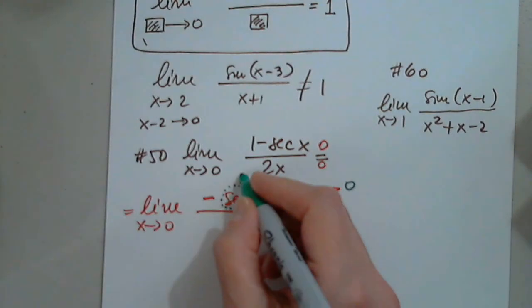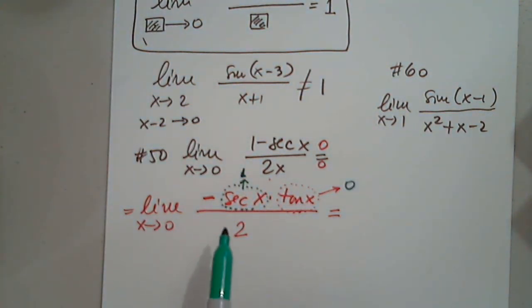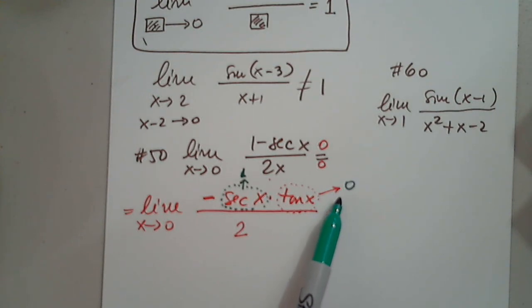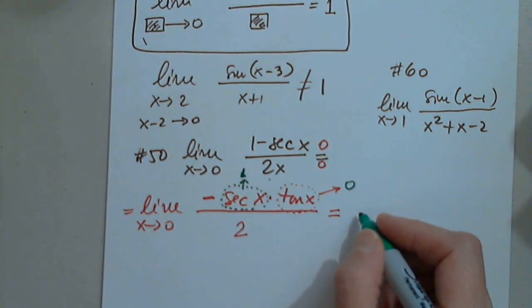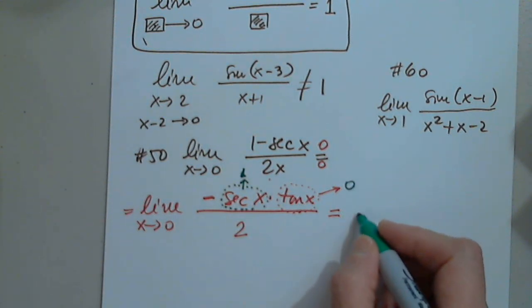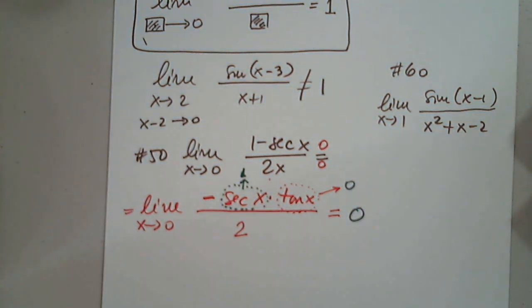One. Yes, secant is 1 over cosine. Yes. So how much is negative 1 times 0? 0. 0 divided by 2. I have $0 and I choose two of you to share my 0 with. I'll divide my 0. What will you get? 0. Very good.